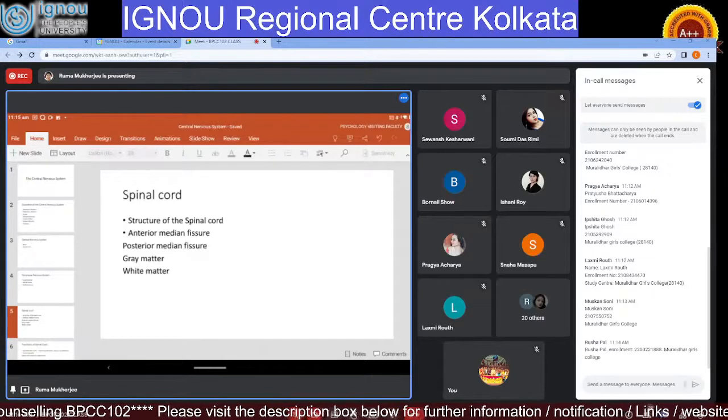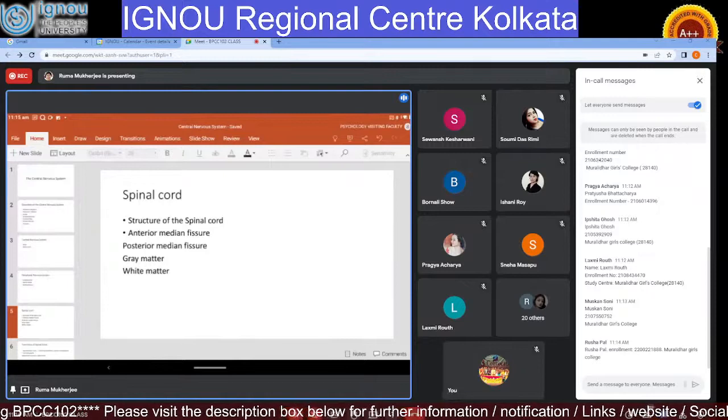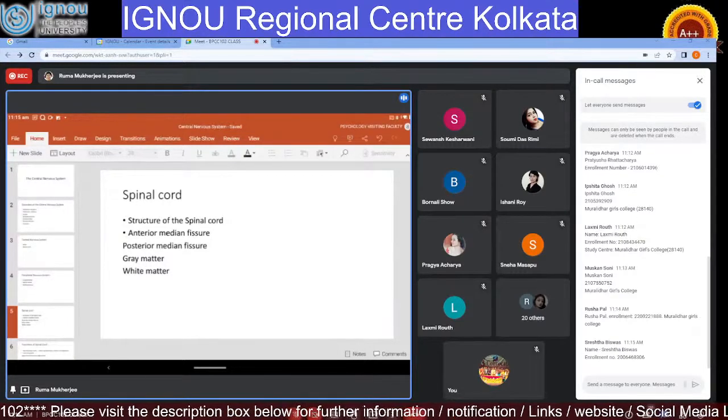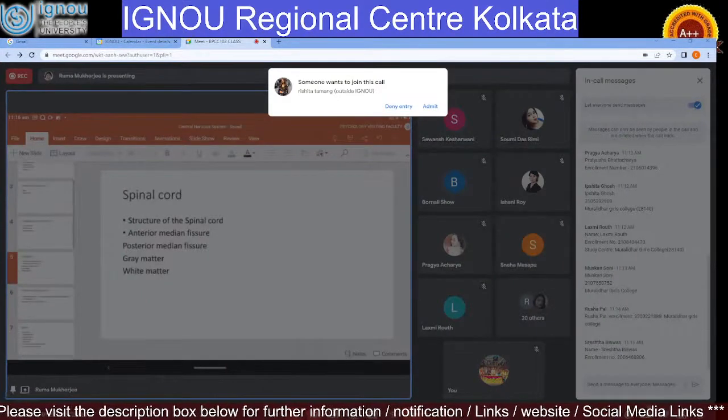The surrounding area comprises white matter, which constitutes the myelinated axons. So these are all about the structures of the spinal cord.